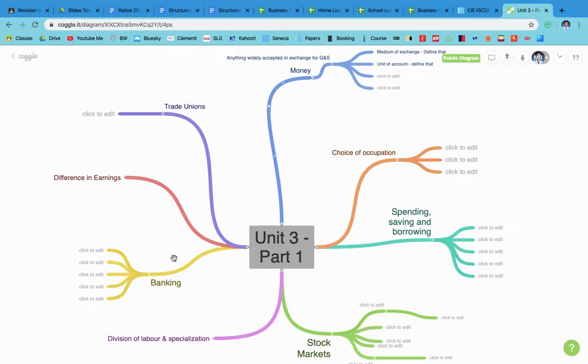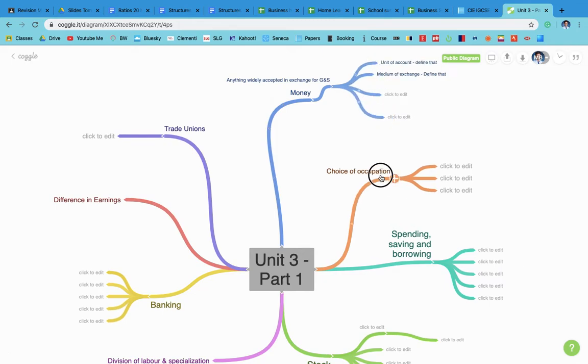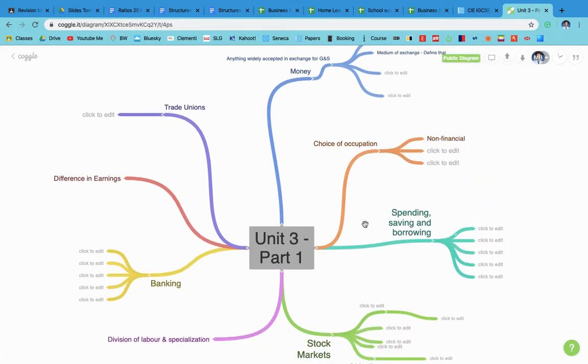I personally would use computers because you can edit it, you can move it about, you can add bits, and you get all the benefits of ICT. So you've got choice of occupation, non-financial, financial, etc. Motives for spending and saving, income, and you can add as much detail as you can as a revision task for Unit 3, Part 1.